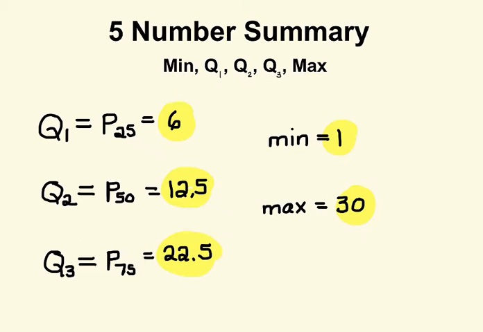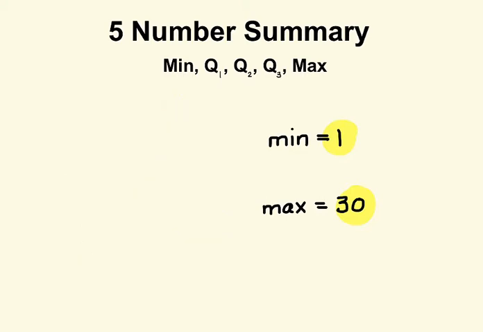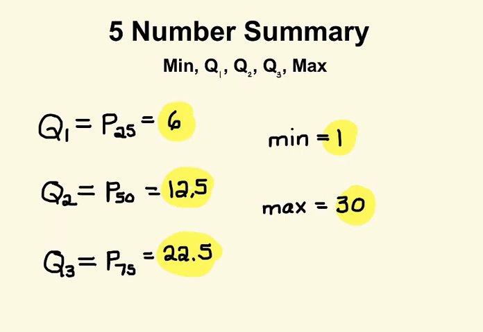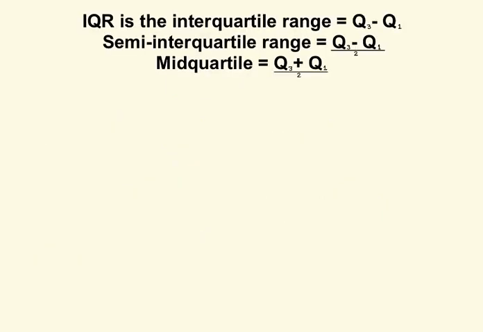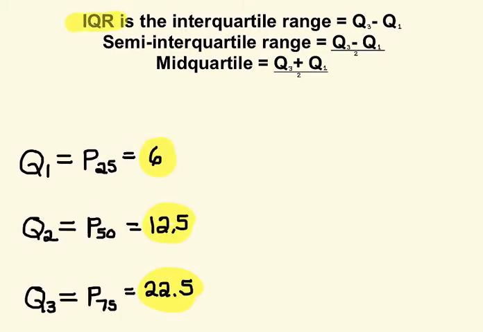Another description of our data is our interquartile range. Let me copy this and take a look at our IQR. Our IQR is our interquartile range, and it is equal to our third quartile, which is 22.5, minus our first quartile, which is 6.